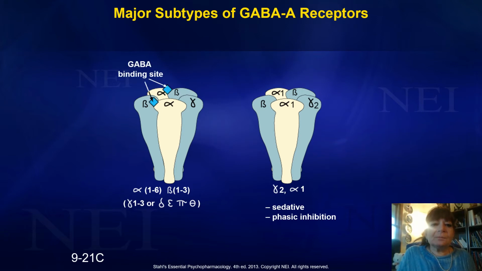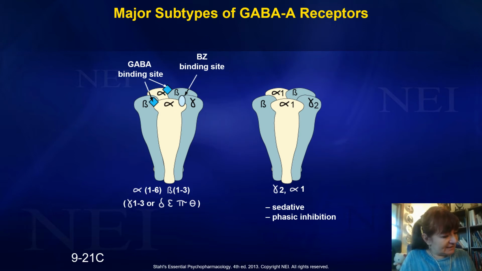And so we see here are the GABA binding sites. And we see a benzodiazepine binding site. And the benzodiazepines bind on a different site, and we call that an allosteric site.